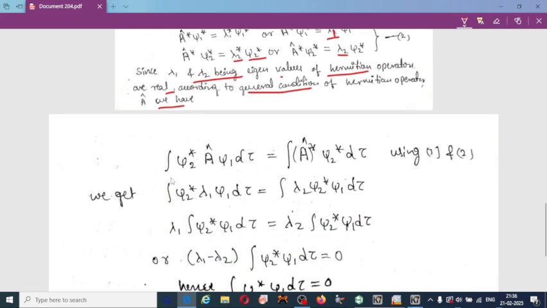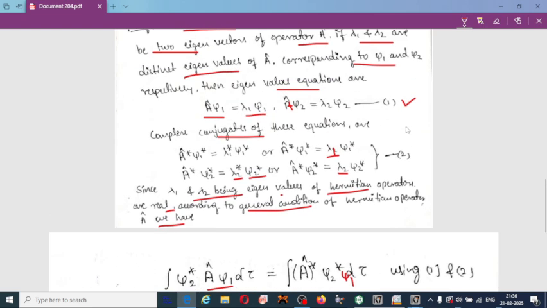Earlier only one equation we had considered. So here according to the condition of Hermitian operator, the integral of psi 2 star A cap psi 1 d tau is equal to the integral of A cap star psi 2 star psi 1 d tau.